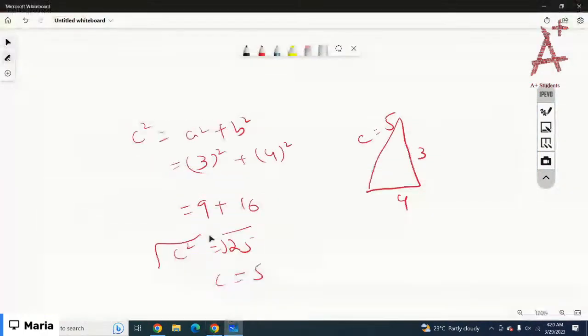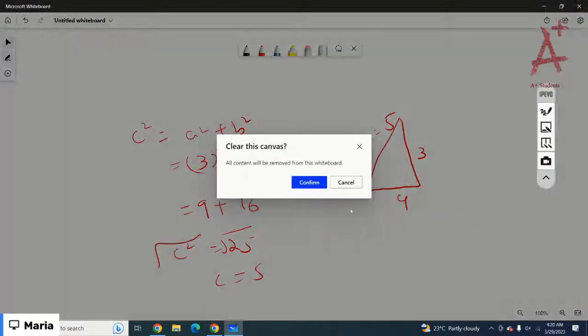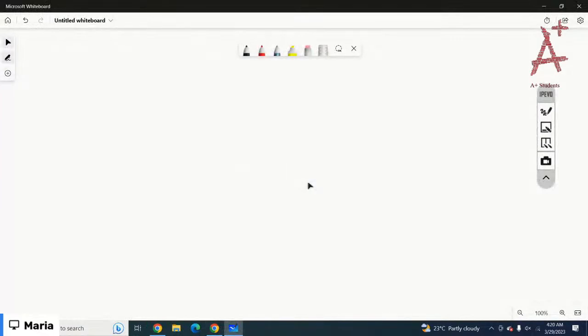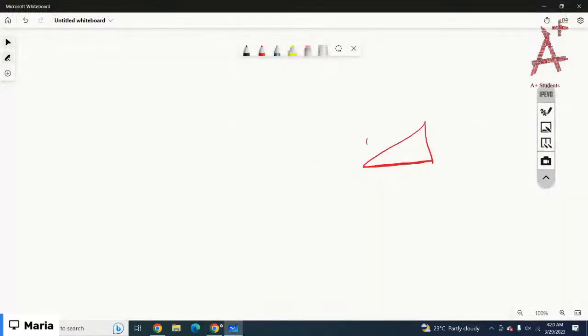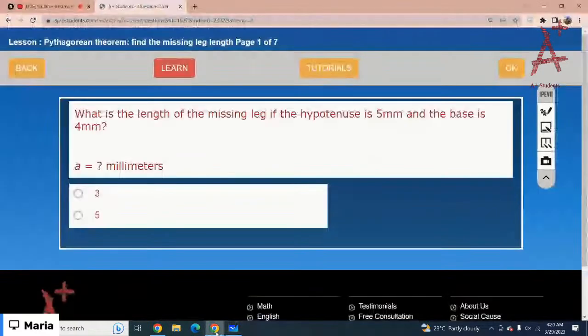You are given the hypotenuse and the base. This line, this is the base. Got it? The horizontal one is the base. So the hypotenuse is 5 mm, and the base is 4.